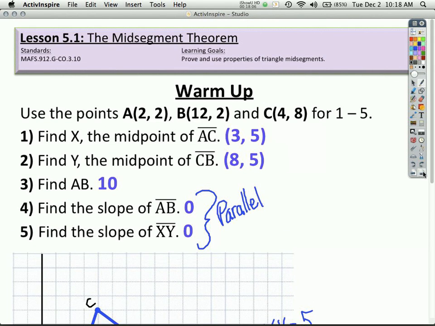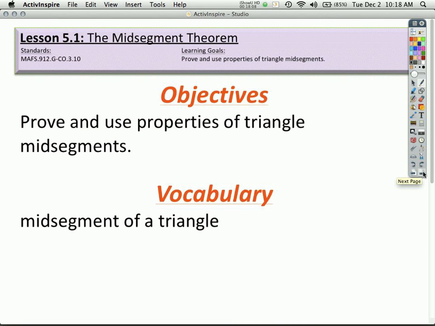Okay, so draw a line across your paper. Today's objectives are to prove and use properties and theorems of triangle midsegments. New vocabulary is this big word, midsegment.